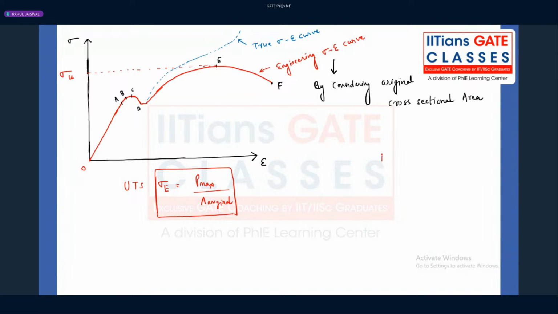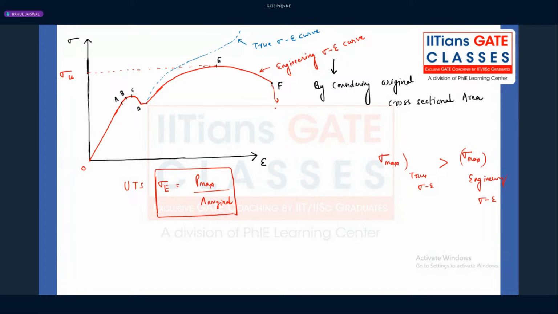The maximum stress in the true stress versus strain diagram is quite high compared to the maximum stress in the engineering stress versus strain curve. So the plot we get from the universal testing machine is the engineering stress versus strain curve, and out of all the points, the maximum loading point is E. Now you might be thinking, sir, what is F then? F is nothing but the fracture point.